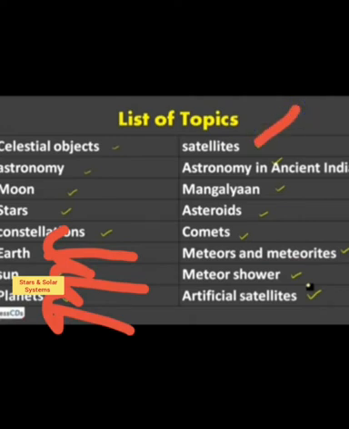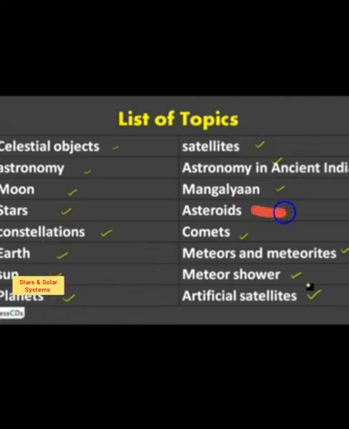What was astronomy all about in ancient India? What is Mangalyaan? Asteroids, comets, meteors, meteorites, meteor shower, artificial satellites. Nowadays various types of artificial satellites have also been made.